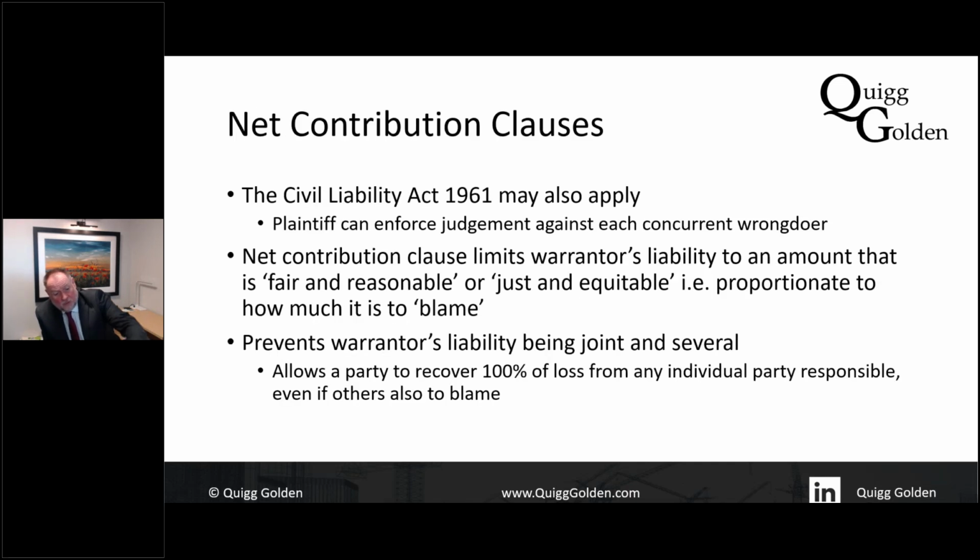A very important clause, as well as the no greater liability, is a net contribution clause. Quite often, the liability for a defect in a building can have multiple people contributing to it. So perhaps the subcontractor didn't do their job well, perhaps the main contractor didn't do their job, and perhaps the designer didn't quite do their job. And it's a combination of all three that has led to this difficulty.